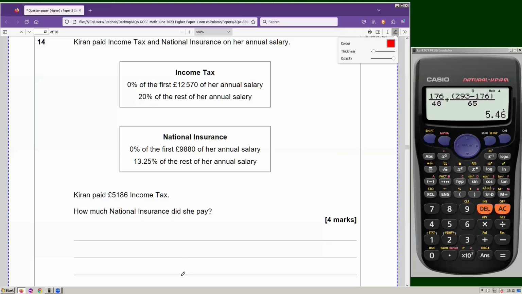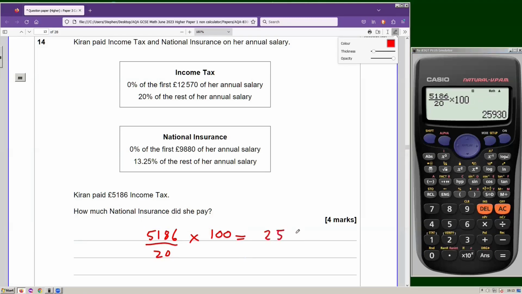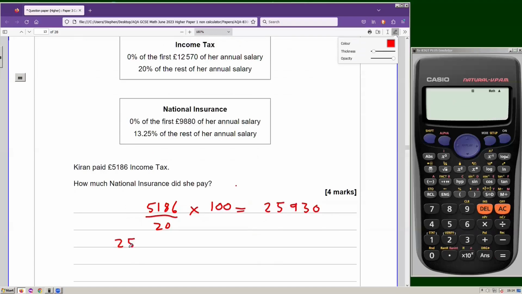So if we went 5,186 divided by the 20, because that's the 20%, and then times that by 100. That's right. Gross salary.